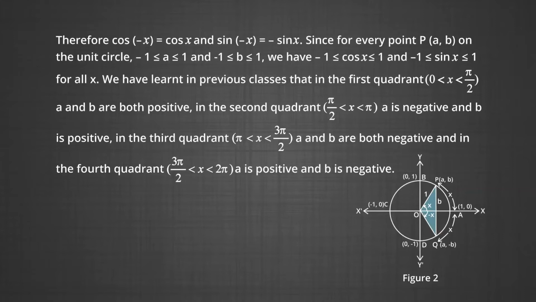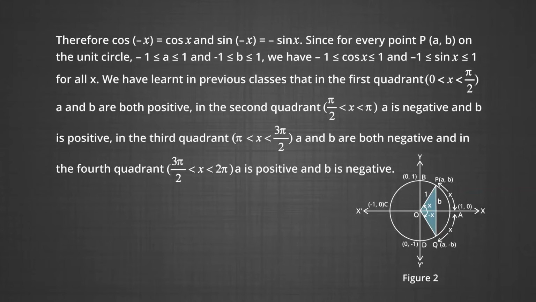Since for every point P(A, B) on the unit circle, minus 1 is less than or equal to A is less than or equal to 1, and minus 1 is less than or equal to B is less than or equal to 1, we have minus 1 is less than or equal to cos x is less than or equal to 1, and minus 1 is less than or equal to sin x is less than or equal to 1 for all x.